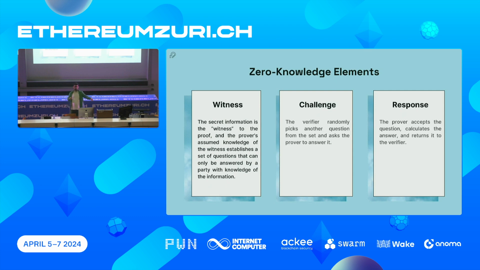If you have the correct witness values, you will calculate the correct result. So they will give you several different challenges, and they will check your response, and if it's correct, then they will accept it. So this is zero knowledge, I think, explained in a fast way.